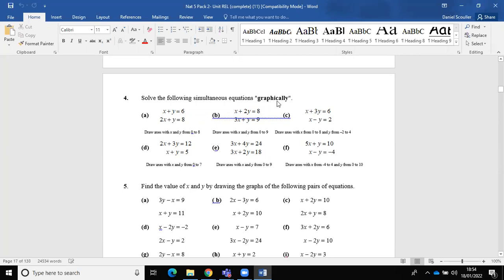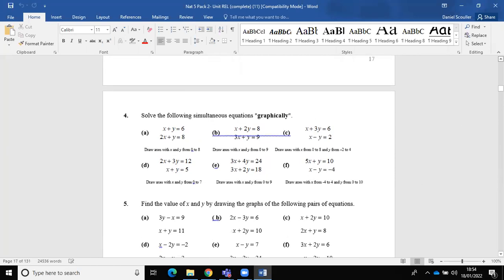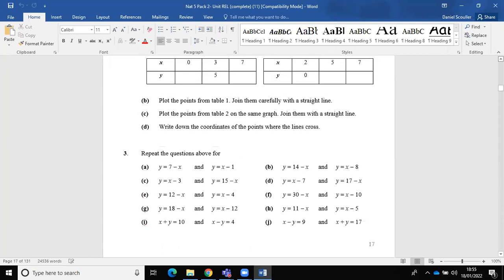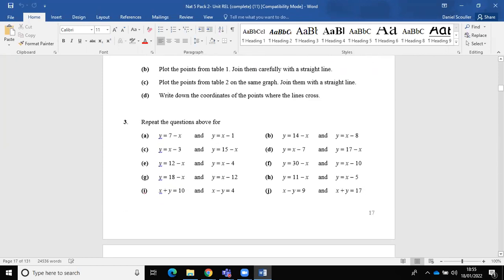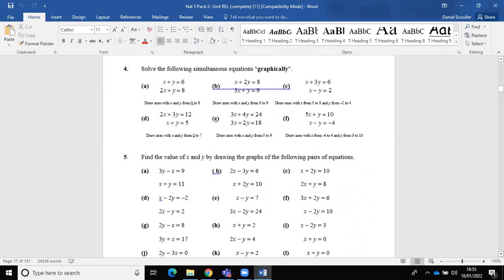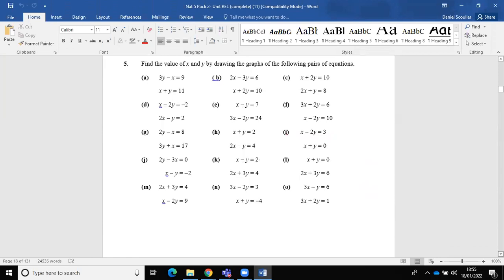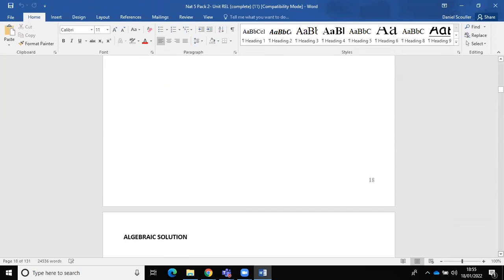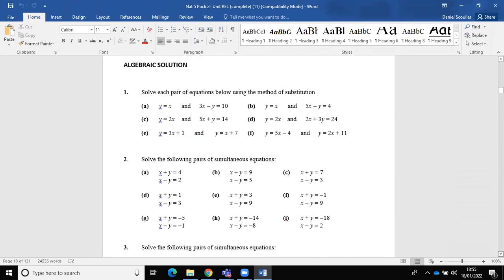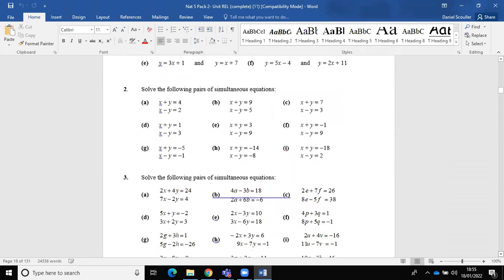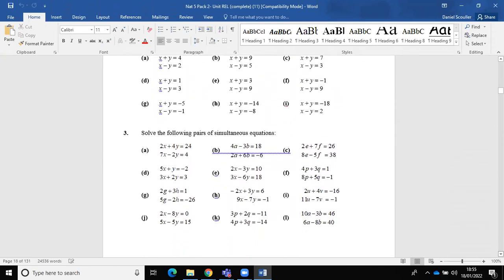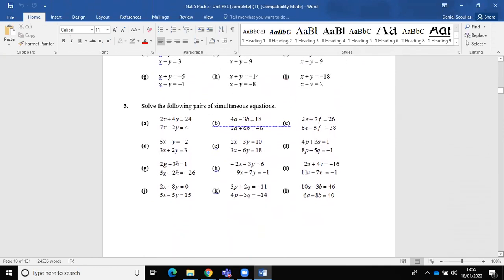Ignore the ones that say graphically, and we'll go over them later on as well. So ignore questions 1 to 4 right now, and 5 actually, because you need to draw that out. Algebraic. Right, let's have a wee look. So 19, y equals x. I would say work from question 3.